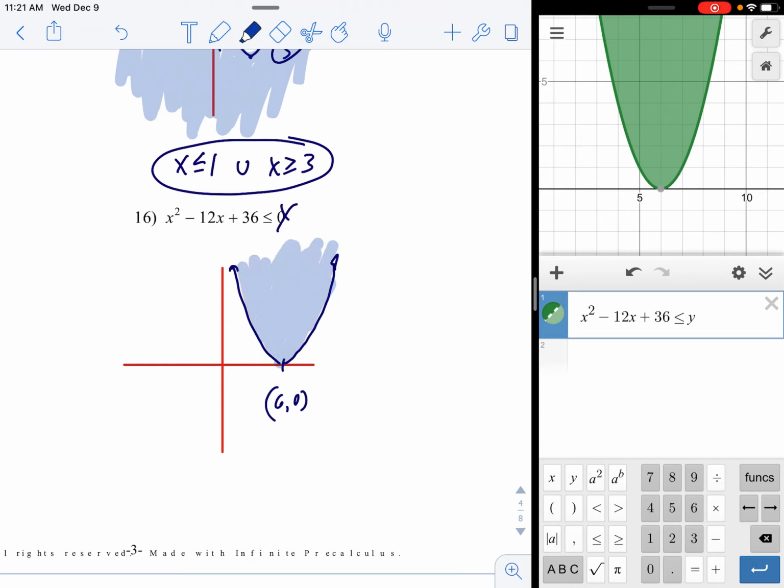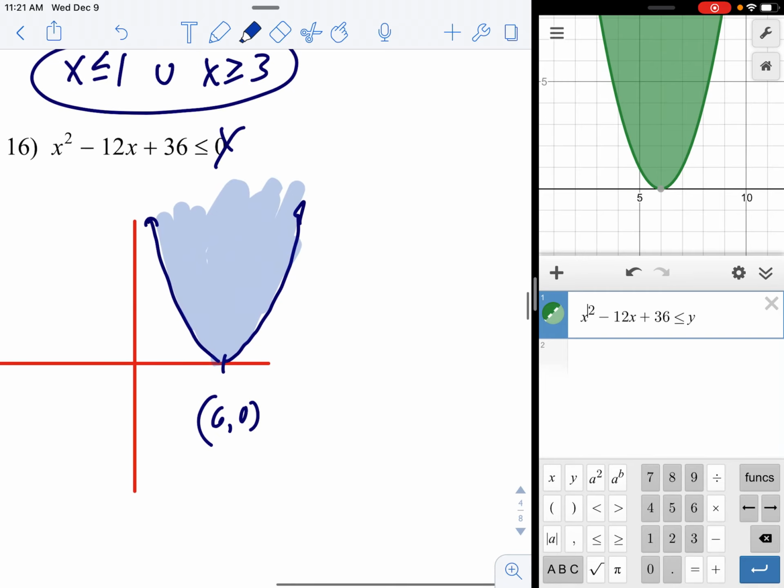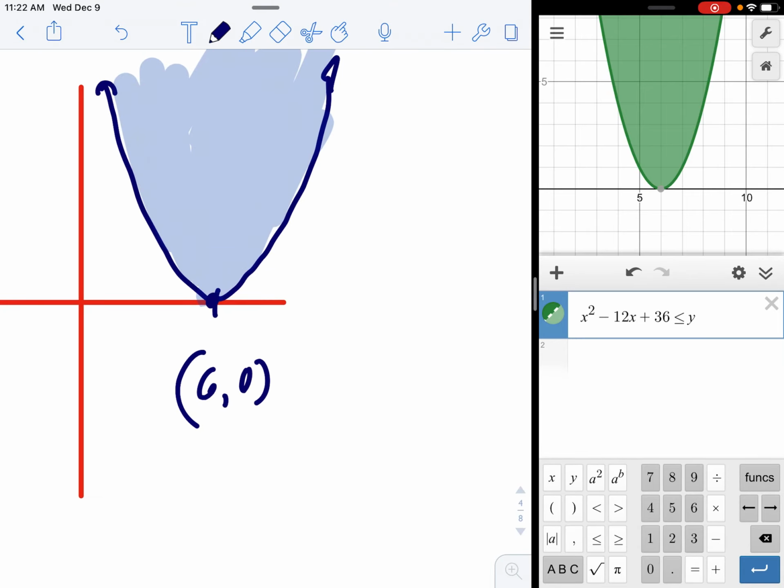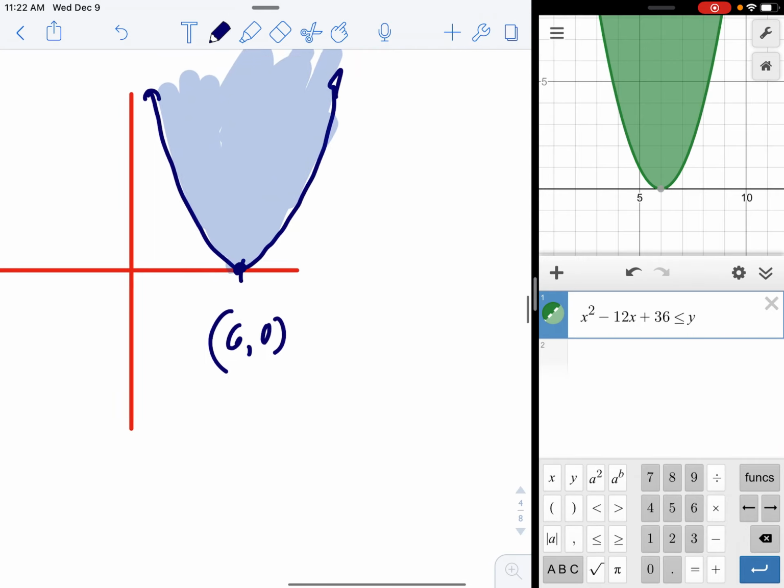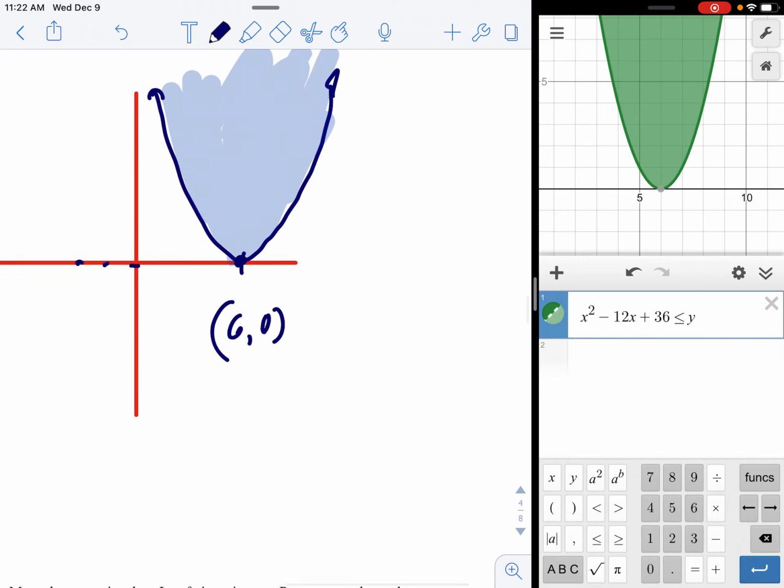And again, your answer is the part of the x-axis that is shaded. What part of the x-axis is shaded? Now you might say none of it is because all the shading is up here, but the parabola itself does touch the x-axis in one specific point. So you could say that that one single point out of all of the infinite points on the line, that one single point is shaded.